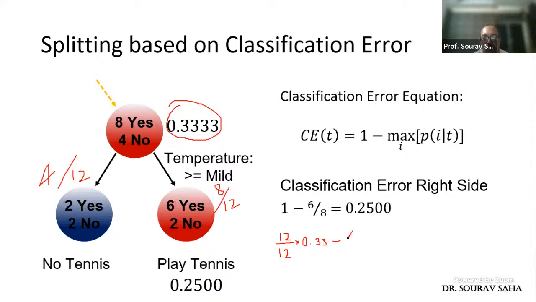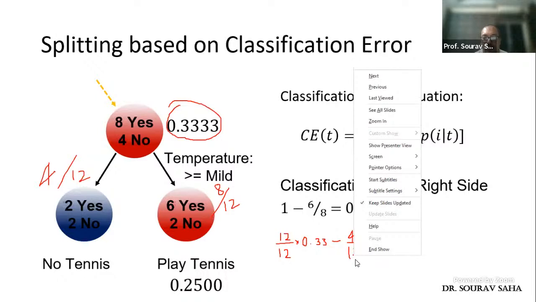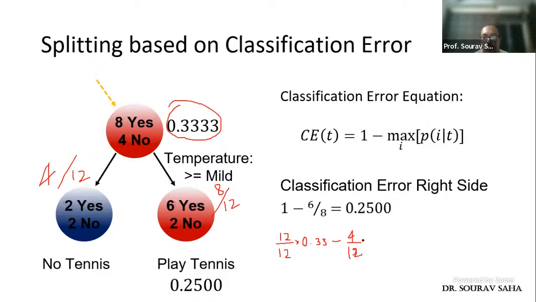So basically, for the left hand side, 4 by 12 multiplied by the impurity which we had out here, which was 0.5, and then on this side we had 8 of the data points coming in, so 8 by 12 multiplied by the impurity which you had out here, I think it was 0.25.